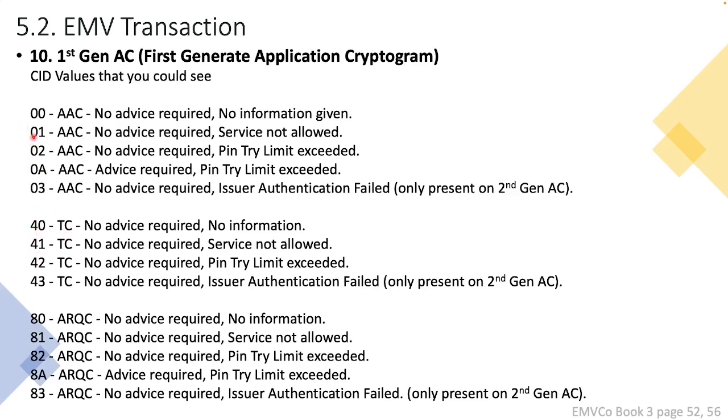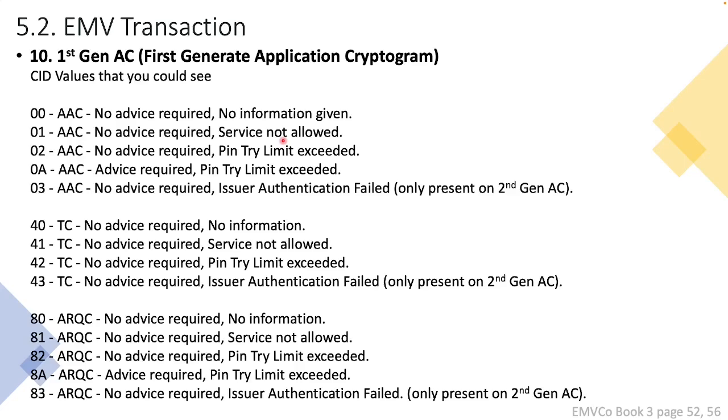If you see a 0, it's a decline. But it'll help you just to identify possibly why the decline happened, because in the transaction a service was not allowed, and this gives you the opportunity to then go and interrogate more data to understand better which service it was specifically that was flagged as not being allowed for this transaction.